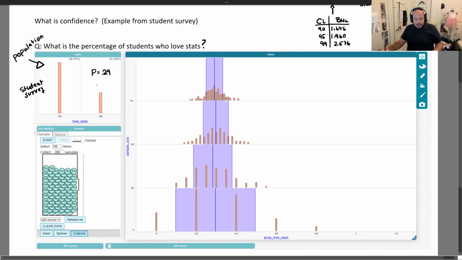We took a bunch of different random samples from this larger population, and I tried to show you the process. Up here were samples of 100 students each time. Here they were samples of 50, here we only had 20 each time, and here we only had 5 each time.